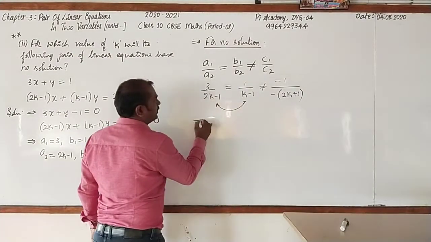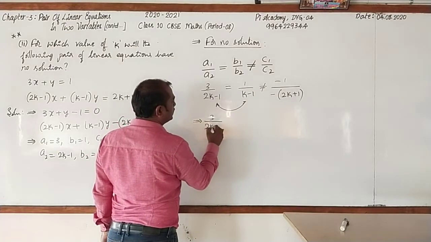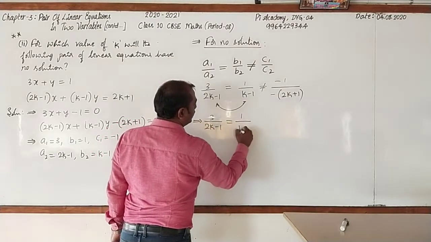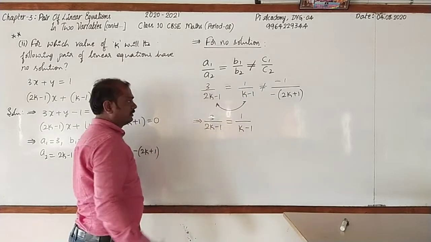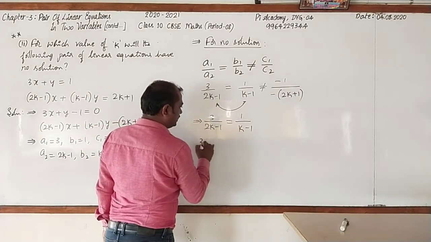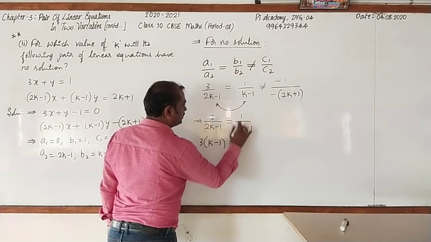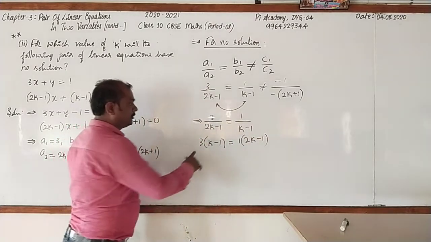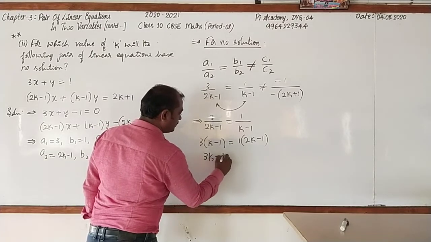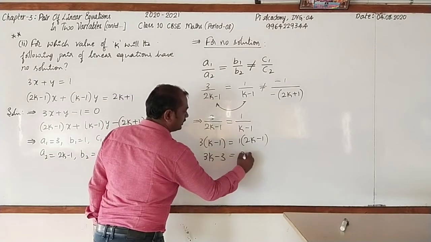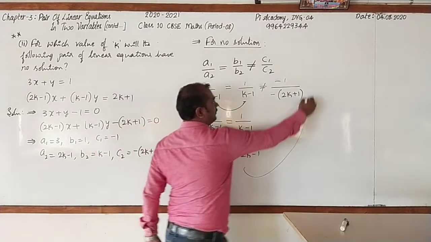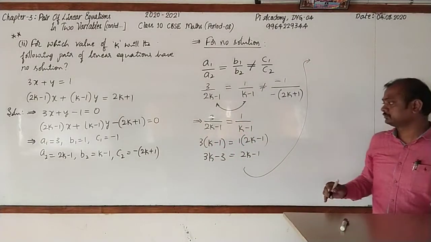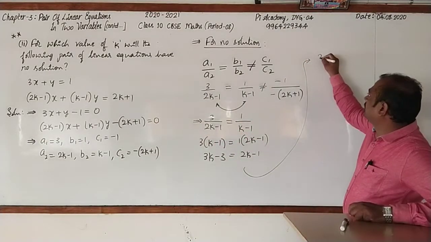Observe. It is 3 by 2k minus 1 is equal to 1 by k minus 1. Cross multiply. 3 into k minus 1, 1 into 2k minus 1. Multiply. 3k minus 3 on one side, and 2k minus 1 on the other side.